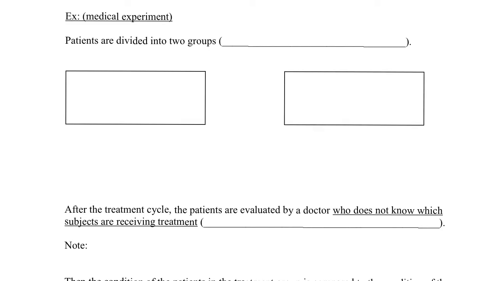So here's an example of a medical experiment. So let's say you have patients that are divided into two groups by a random process. And you may even be asked to be involved in one of these experiments. So I remember when my son was in the hospital after he was born.